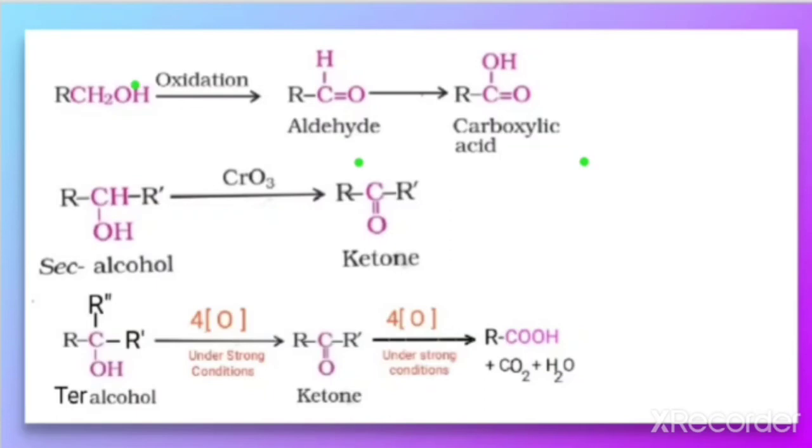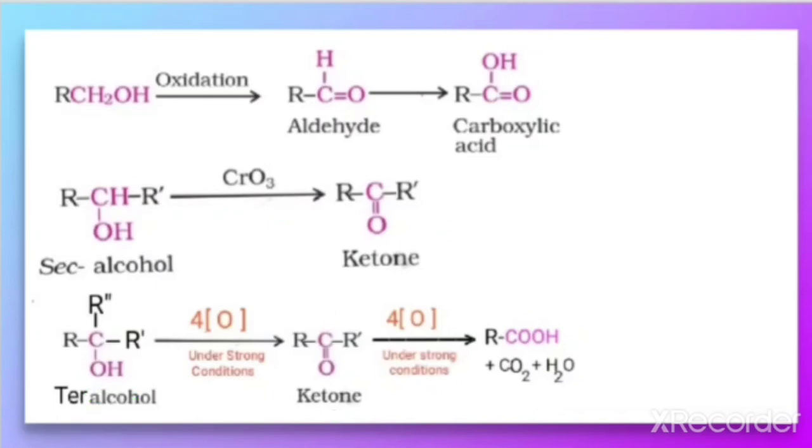But under a strong oxidizing agent, we can directly convert into carboxylic acid. The secondary alcohol on oxidation gives rise to ketone. But the tertiary alcohol, as I told you, gives a mixture of ketone and carboxylic acid which have fewer carbons than the tertiary alcohol.